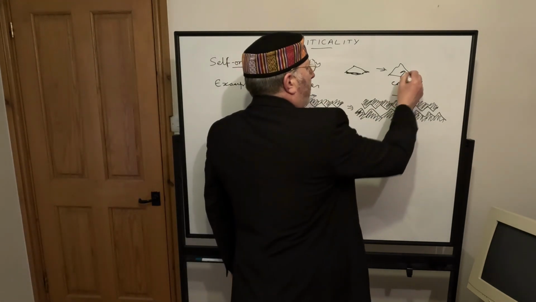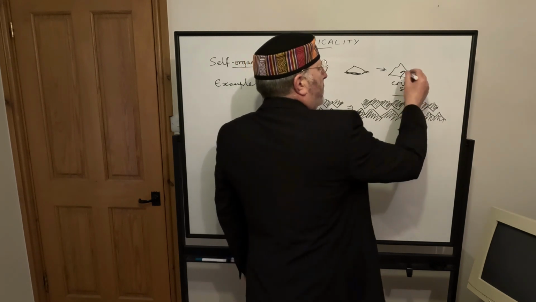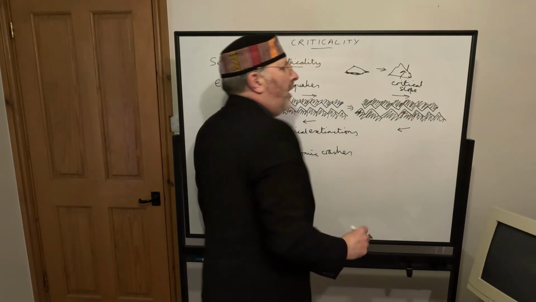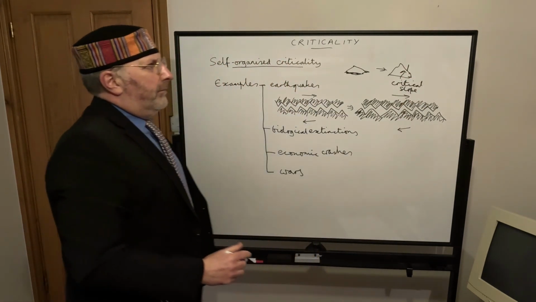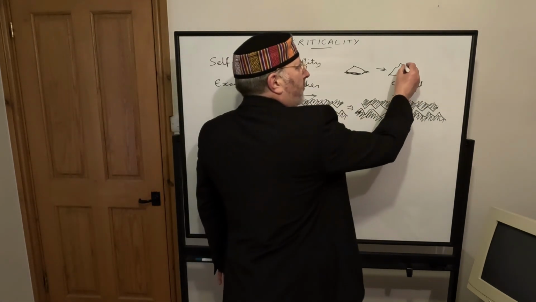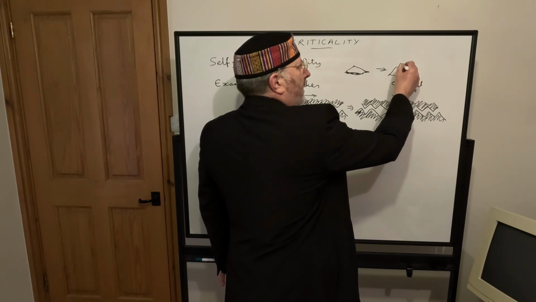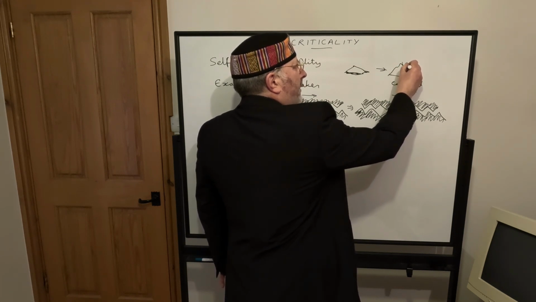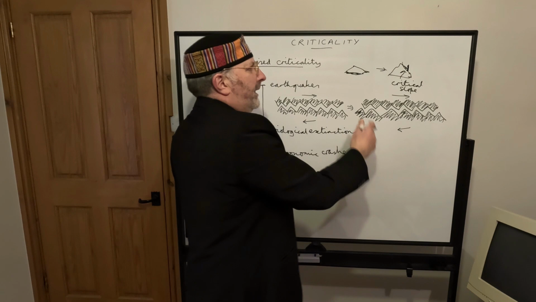You get this power law. Or you could try and erect a barrier on the sand pile to stop the avalanches, so that as the sand rolls down here, it meets this barrier, and you can't have a big avalanche.